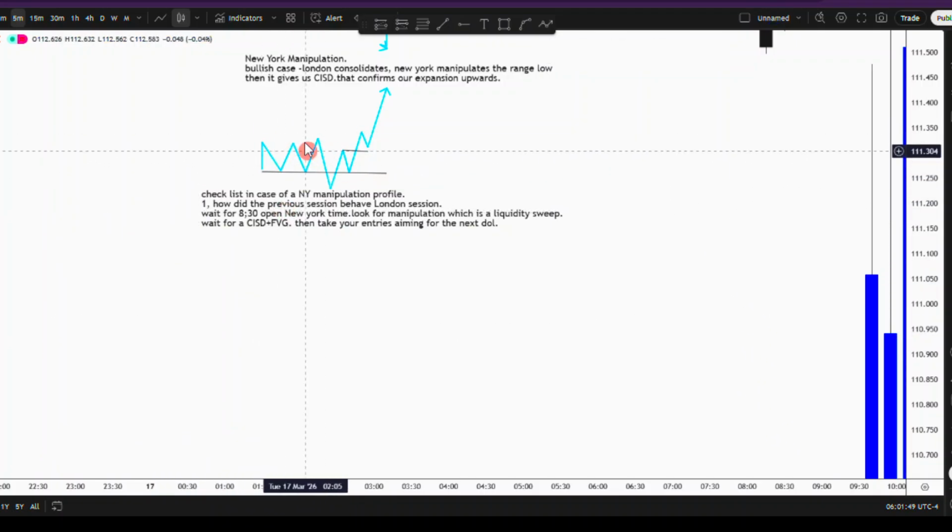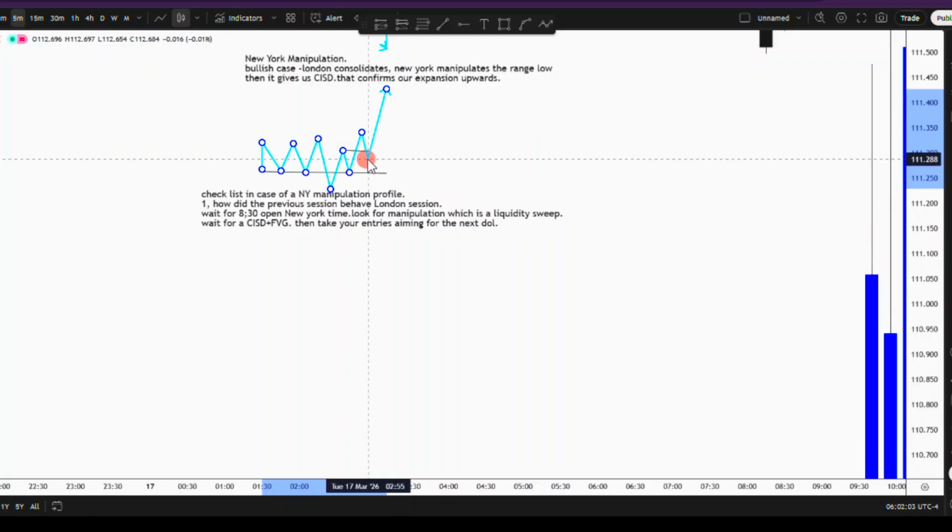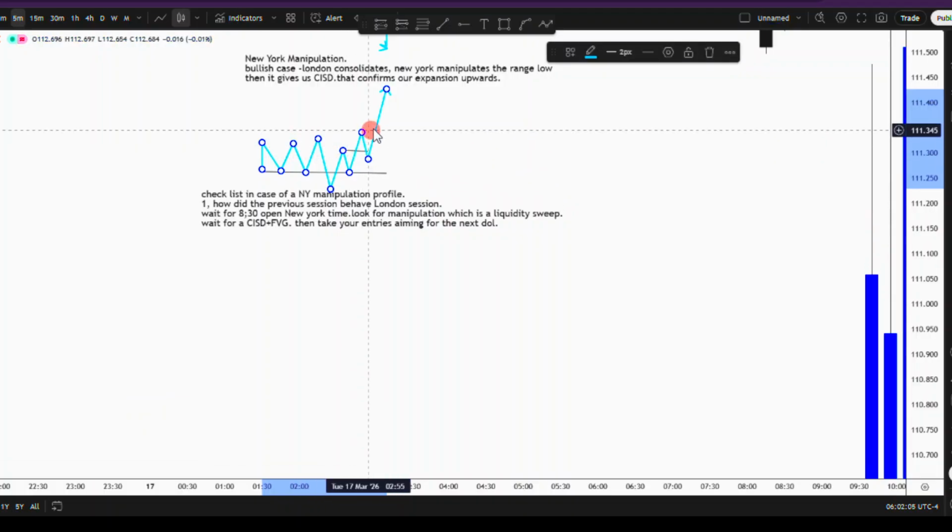So you check how did the London session behave. We accumulated in this case. Then at 8:30 open, which is at this point, we manipulated the low, and then we had a change in state of delivery with a fair value gap. So we expect price to come, fill this imbalance here, and that is where we take our entries from.